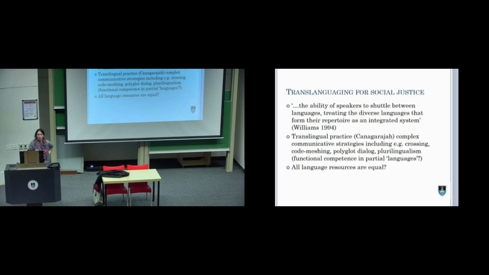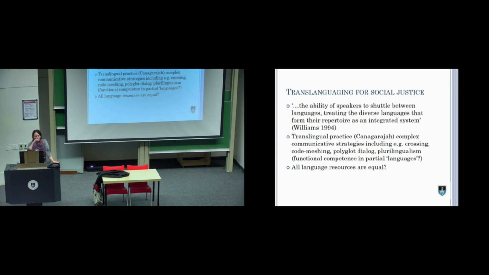Kanagaraja wrote a really good book on translingual practice, and he talks about translingual practice involving complex communicative strategies, including, and these are terms around crossing, so moving from a majority to minority language for identity purposes, code meshing rather than code switching, so merging of different languages together, polyglot dialogue, plurilingualism, and they talk about functional competence in partial languages, which is something that can be analysed as well.